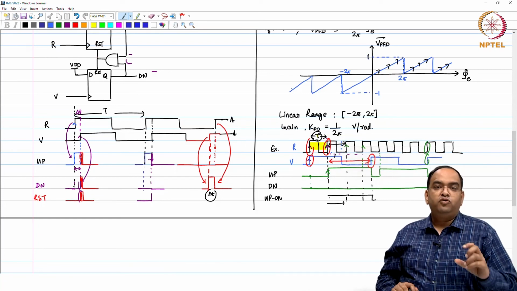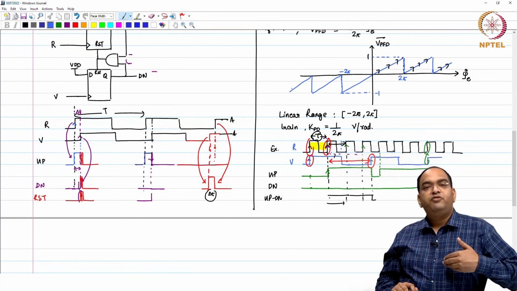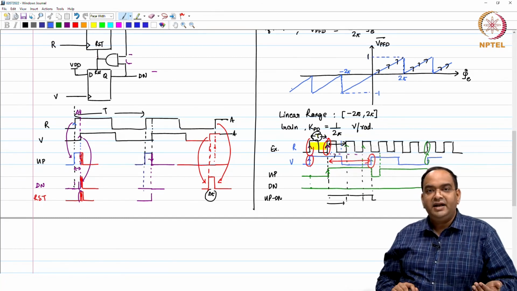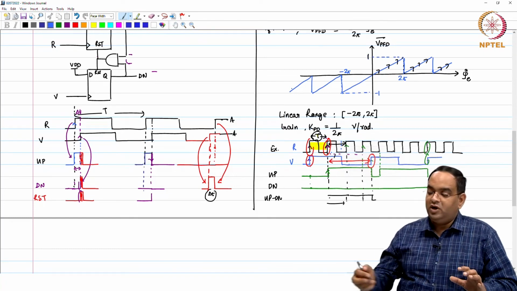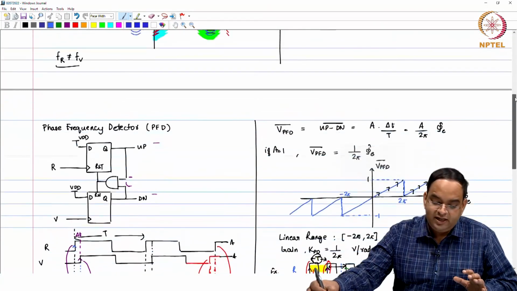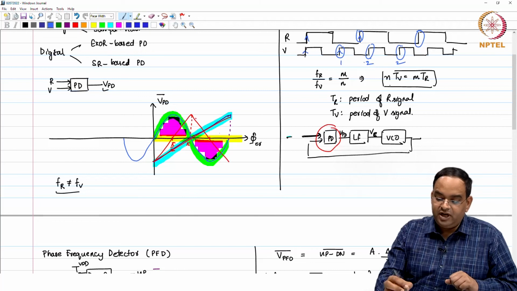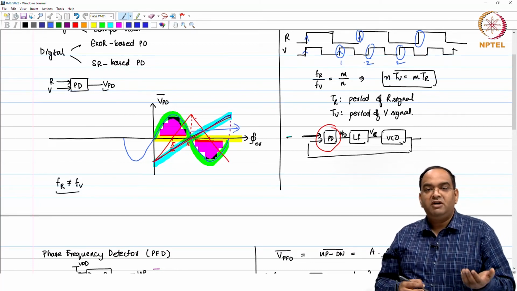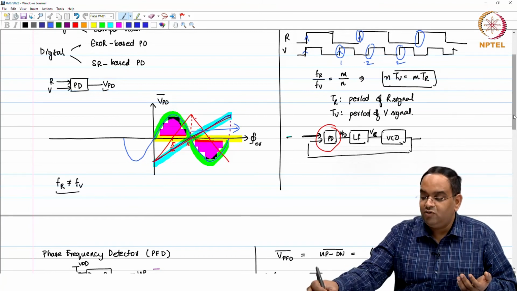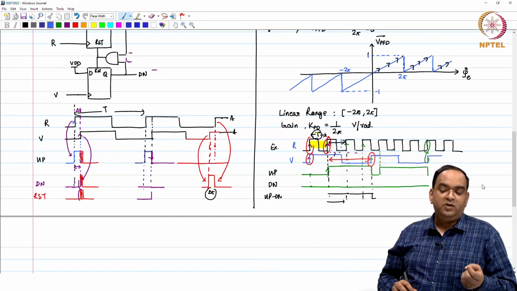Okay. So, for a positive frequency error, when your phase error is increasing in one direction itself, the average value of the phase detector output is not equal to 0, unlike the previous case. Here the phase error will keep on increasing in one direction, and then the average value of phase detector output will be equal to 0. That does not happen here. Okay.